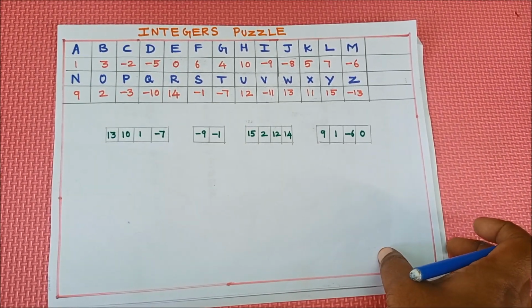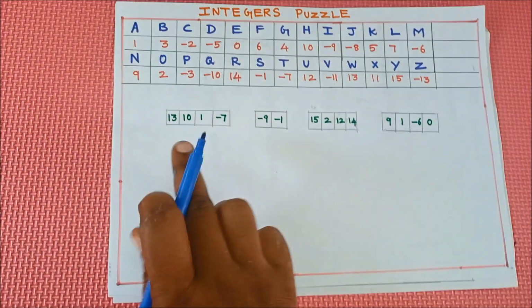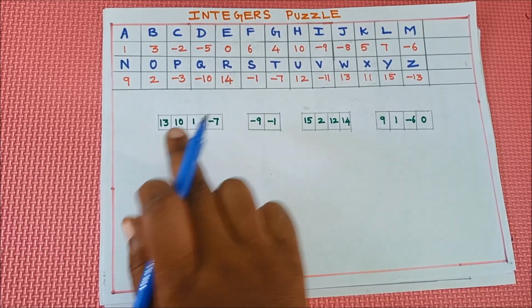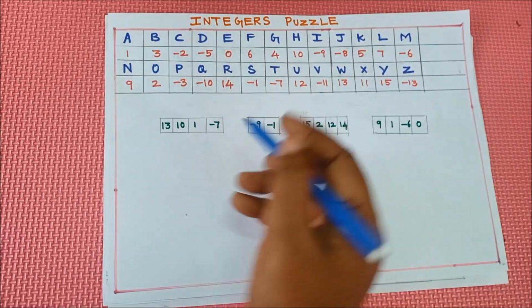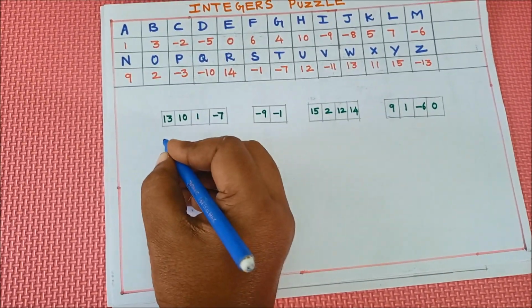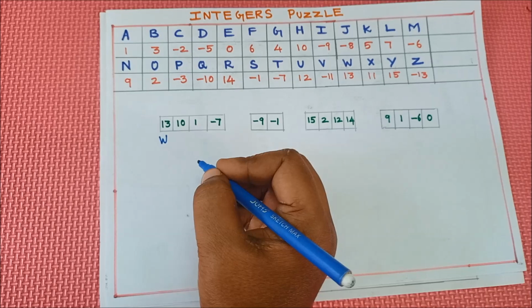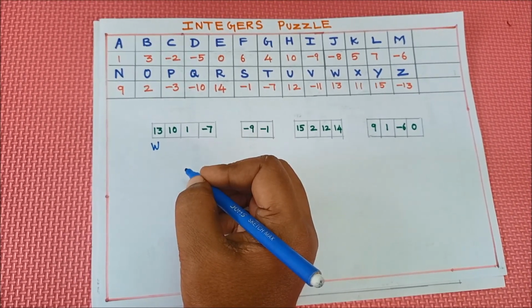First, what are we having here? What is the number in the first box? 13. 13 represents which letter? See, in the alphabet, the 13th letter represents which letter? W. So, write W. Yes. Next, number 10. Where is 10 in the alphabet?